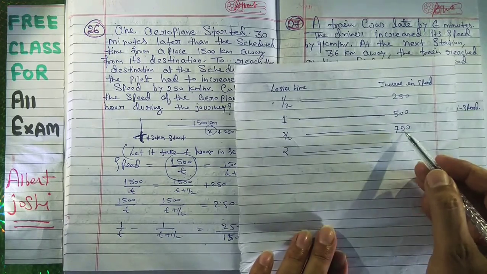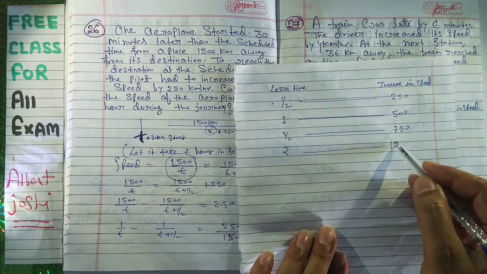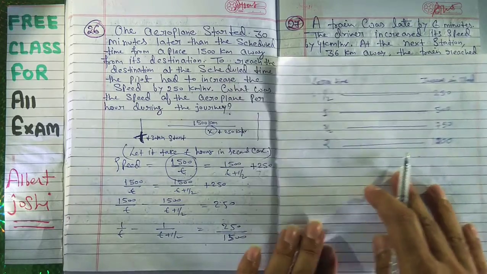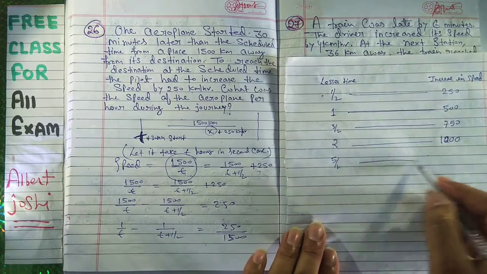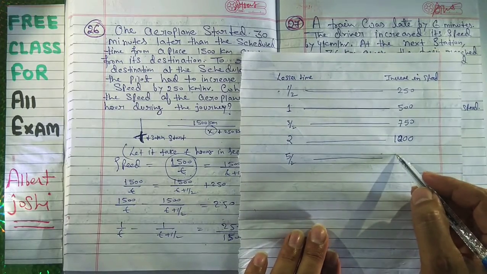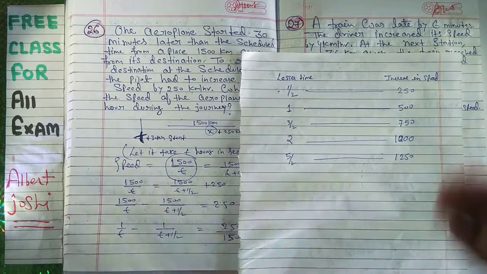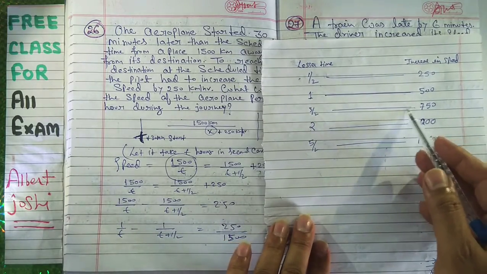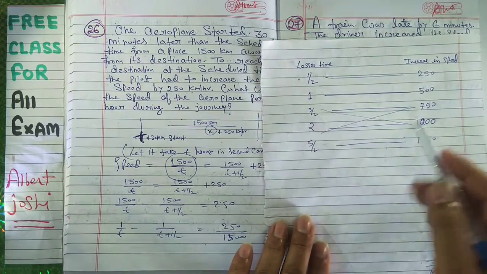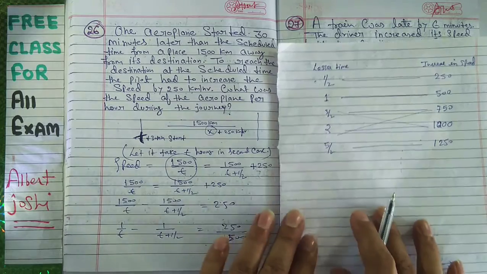Then 750 plus 250 is 1000. Then again 2 plus half is equal to 5 upon 2. Then again 1000 plus 250 is equal to 1250. You have to do the process until the cross product of the two is similar to the distance, 1500 kilometer.